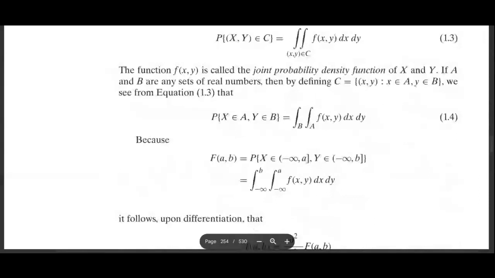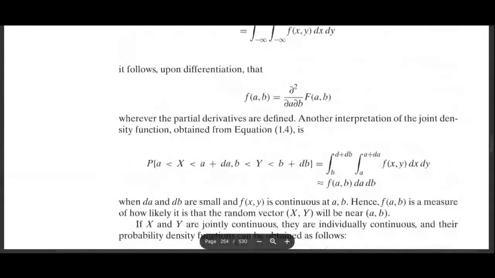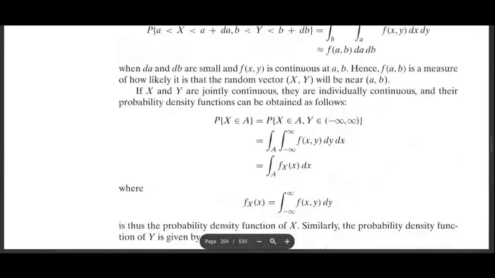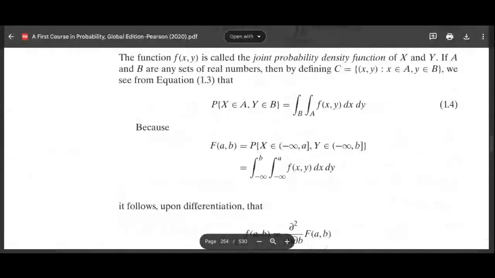Why do we even care about i less than j?